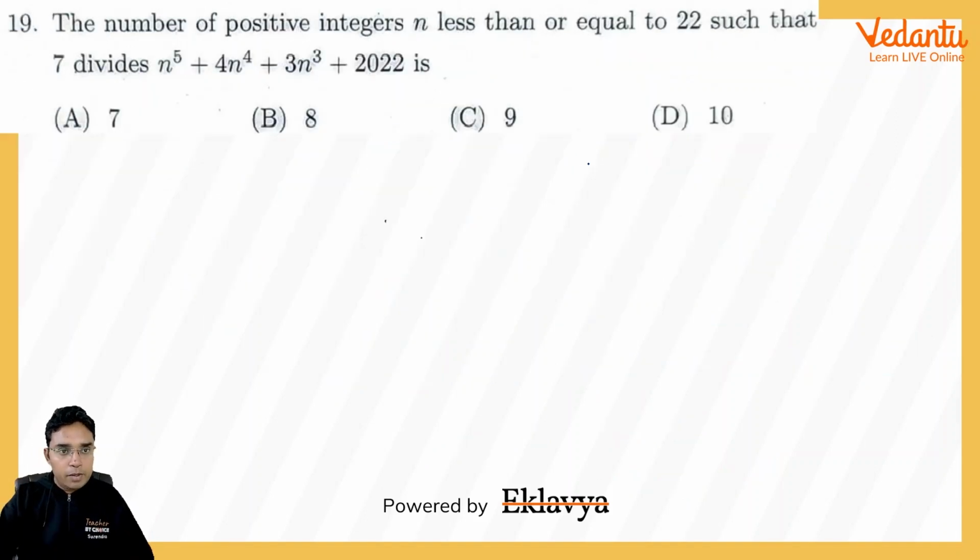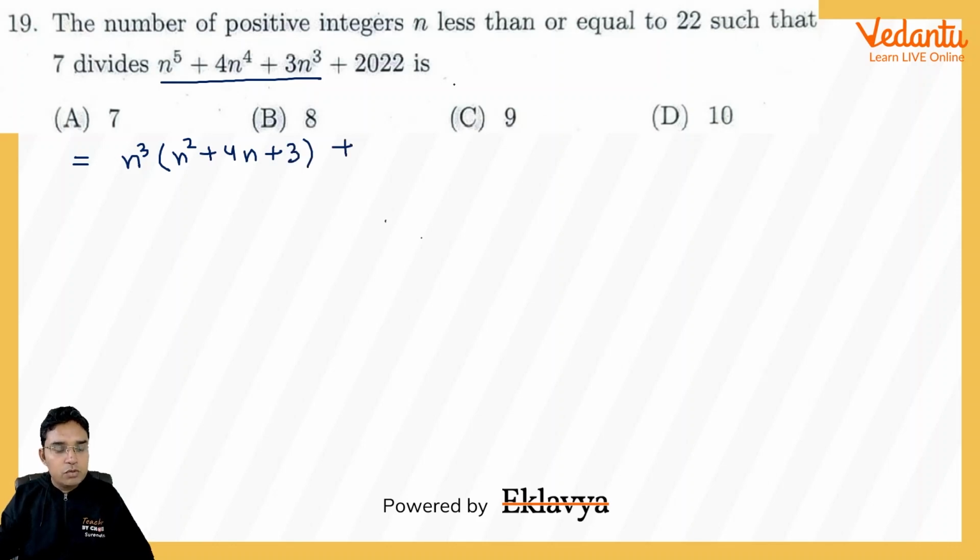Okay. Now coming to next question, that is 19. We are given number of positive integers n less than or equal to 22 such that 7 divides this. Okay. So dear all, this expression if you check in first 3 terms, n cube we can take common. Okay. And then it will be left with n square plus 4n plus 3.